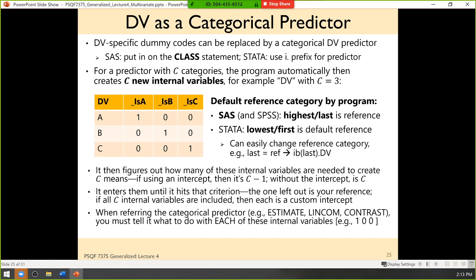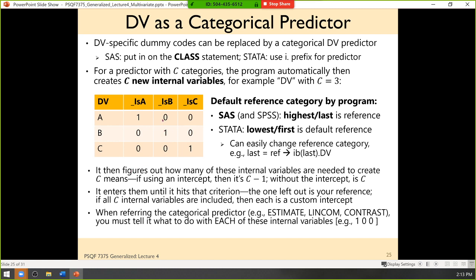Which one it leaves out is software specific. SAS leaves out the highest, the last one, that would leave out the is C. It's the highest numerically or the last alphabetically, and so that becomes the reference. Stata leaves out the first by default, and you can change it much more easily in Stata, which is why when I show examples with the class statement, I usually change it in Stata to be the last so that it matches the output in SAS.